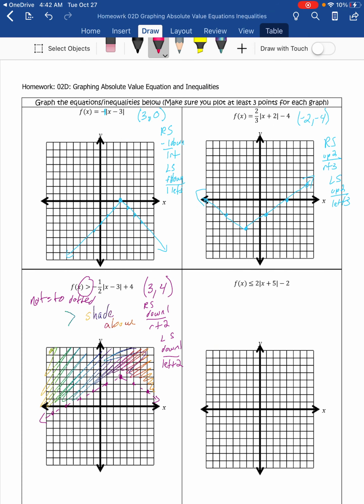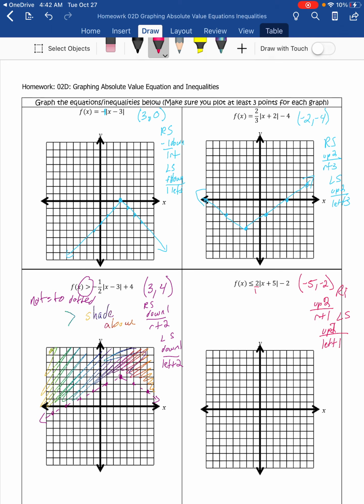All right, let's try this one here. Again, your vertex is -5, -2. Your slope, well, this is 2, so we say 2 over 1. So you're going to go up 2, right 1, or up 2, left 1. Okay, so that's your right slope. This is your left slope.